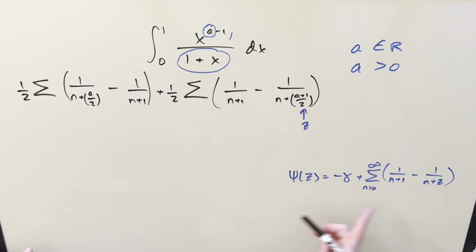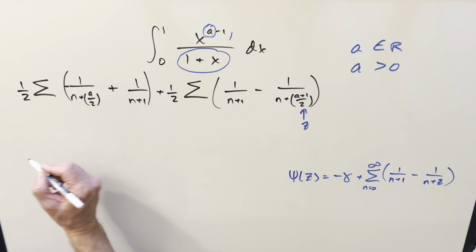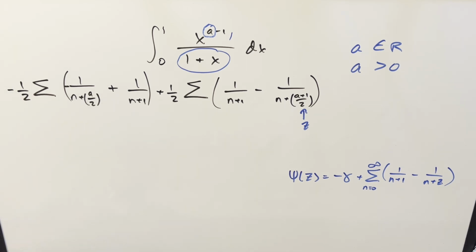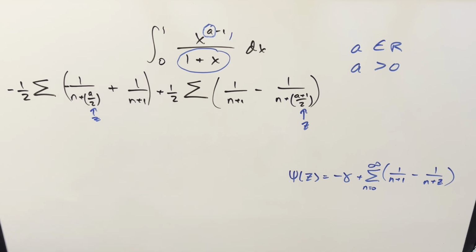On this one, I need to change the order. Notice the 1 over n plus 1 should come first. I can multiply in a minus sign. Then we'll have a minus sign here. And then let's just bring a minus sign out front on this one. So for this one, our z value is just going to be a over 2. In order to get this exactly the way we want to use it, let's add the Euler-Mascheroni constant on both sides. So it cancels out here. And now we've got an expression for the sum that we have over here.